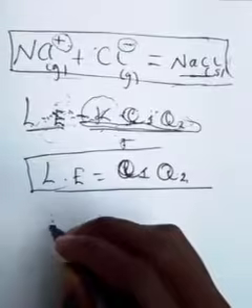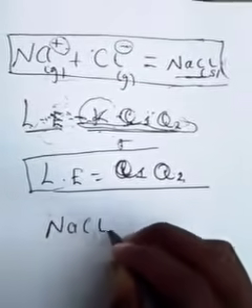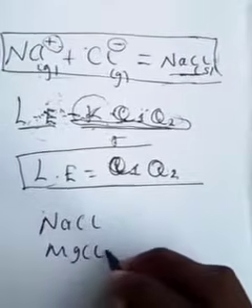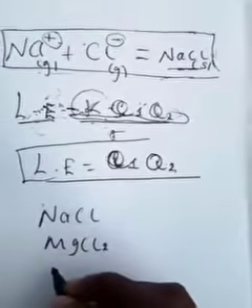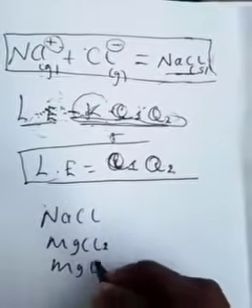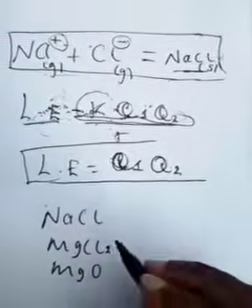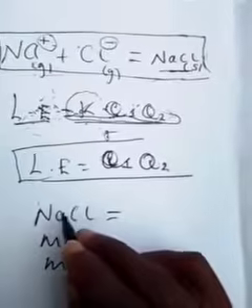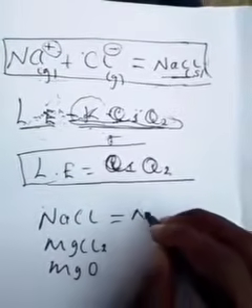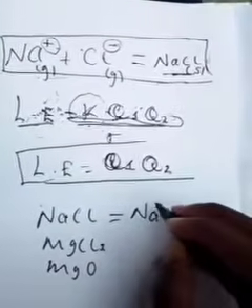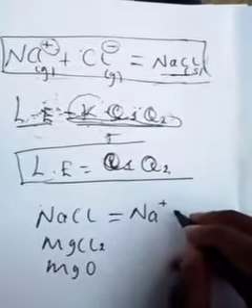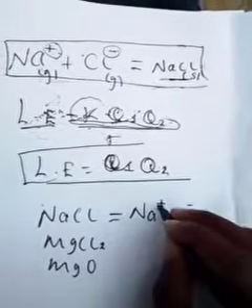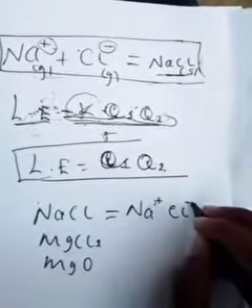I've been given sodium chloride as the first one, magnesium chloride, and magnesium oxide. If I were to write the ions of the elements involved, sodium has got the charge of +1, chlorine has got -1.